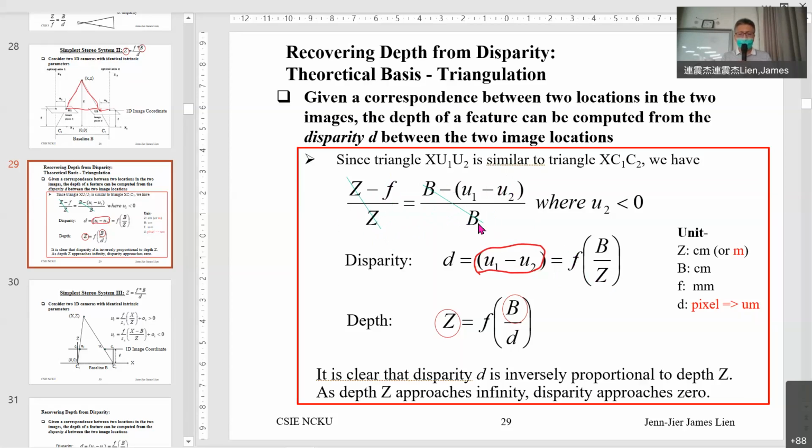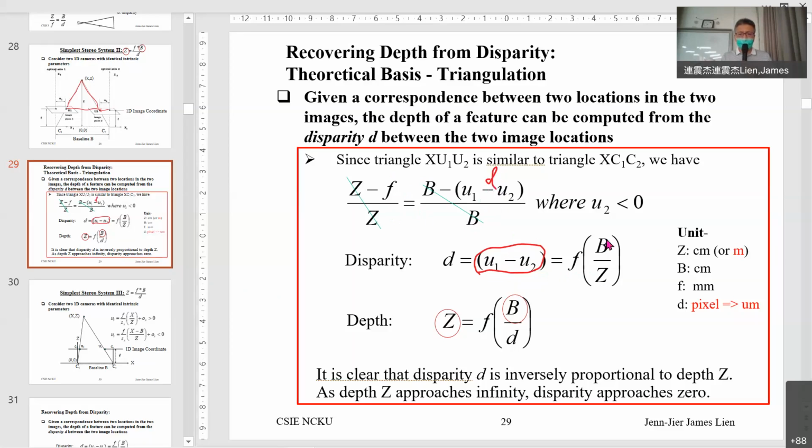B compared with B. Second, this one, F compared with D, this part. F compared with B is equal to this D, and this one is B. Disparity.